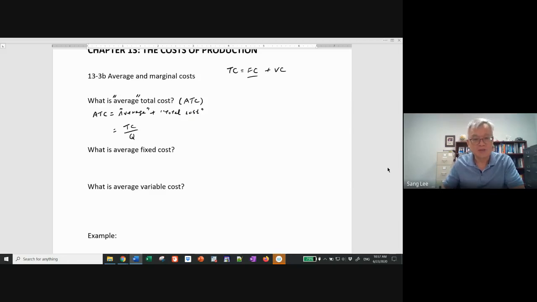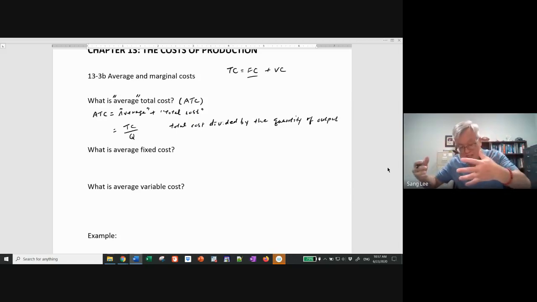So simply this is total cost divided by the quantity of output. So just divide the total cost of producing a given amount by the quantity. So what does this mean really then?